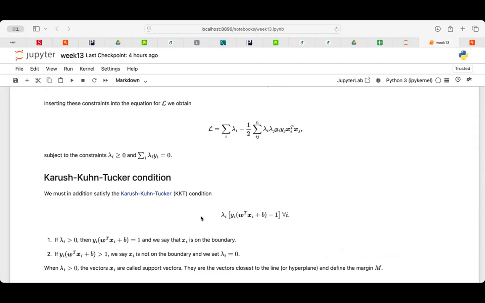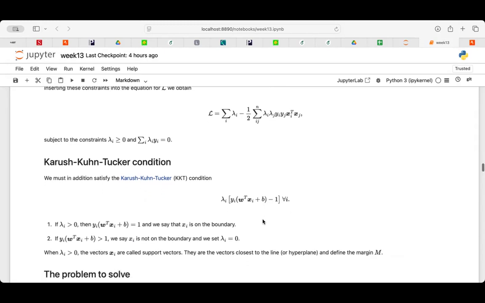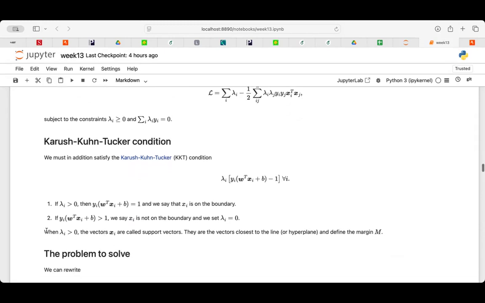And then we have the so-called Karush-Kuhn-Tucker condition, which simply relates the constraint in this specific way. So if lambda_i is larger than 0, then this quantity is equal to 1, and we say that x_i is on the boundary. If this one is larger than 1, then we say that x_i is not on the boundary, and then we set lambda_i equal to 0. This goes back to what we discussed about the active constraints and the inactive constraints.